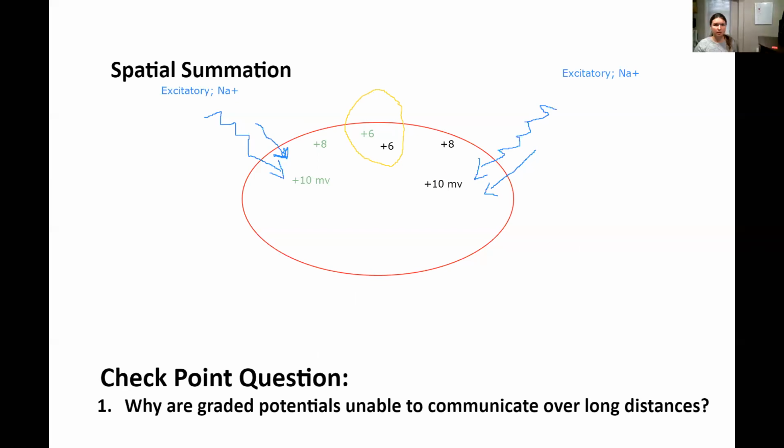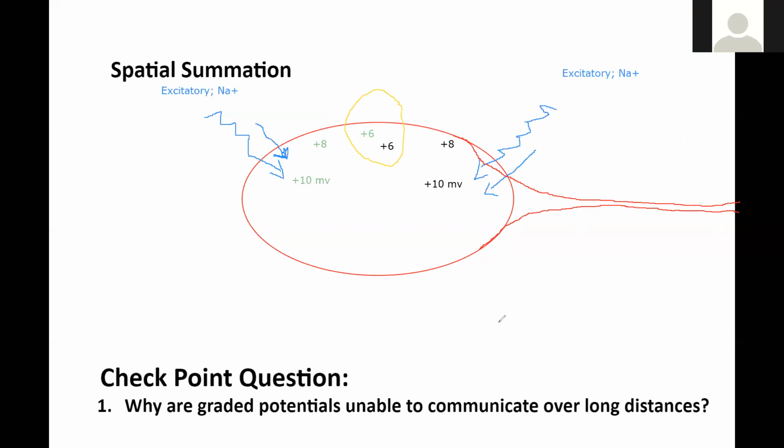Exactly, because our axons are quite long. If we remember what our neuron looks like, our axon is this long, skinny kind of rope going off to the side. So as we measure, these go on further and further, they dissipate before they get very far into the axon.